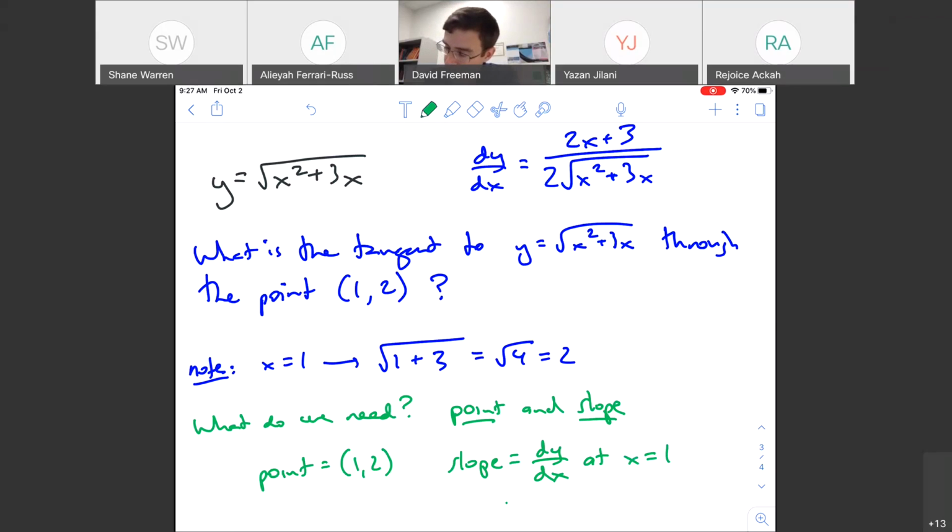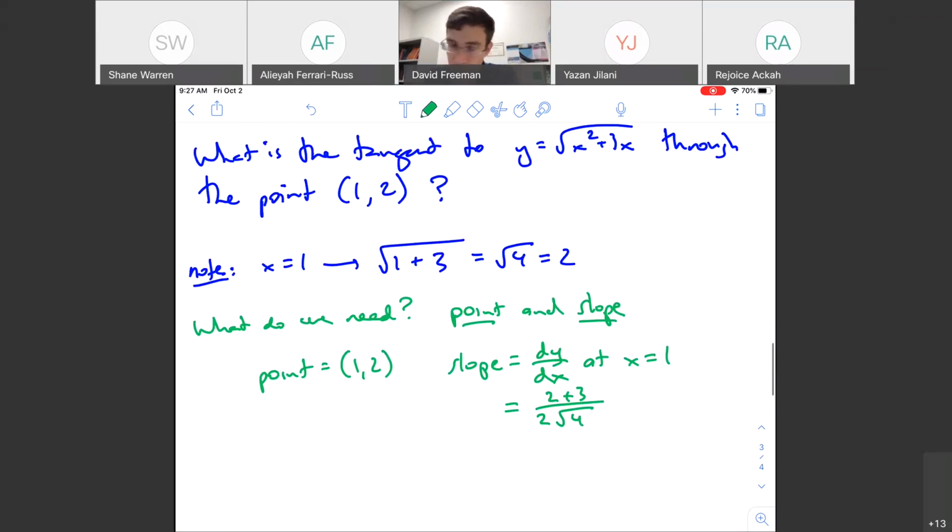So in this particular case, when I plug in 1, I get 2 plus 3 over 2 square root of 4. I'm just plugging into the equation. And so I get 5 over 2 times 2, which is 5 over 4.